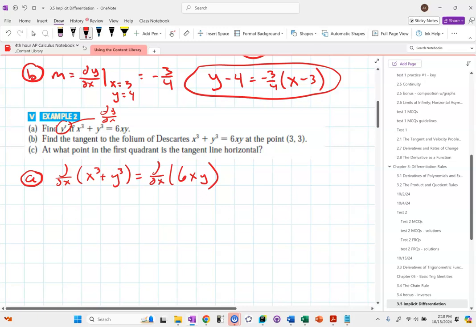So what's the derivative with respect to x of x cubed? 3x squared. How about of y cubed? 3y squared dy/dx. And then what's the derivative with respect to x of 6xy?